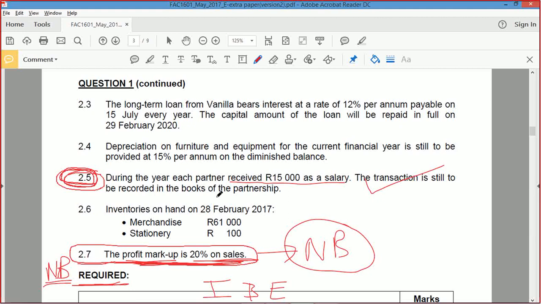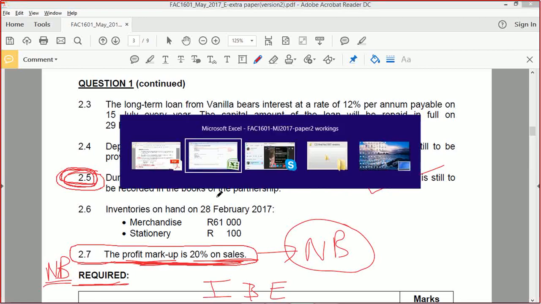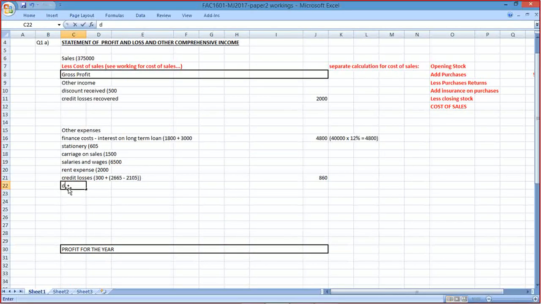Negative asset? No, that's the provision for the depreciation, the accumulated depreciation. The accumulated depreciation is a negative asset. The depreciation is an expense. Yes. Okay, must the depreciation be disclosed? Yes. Of course it must.